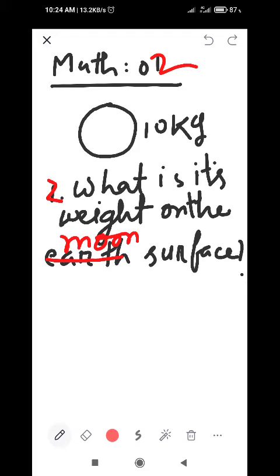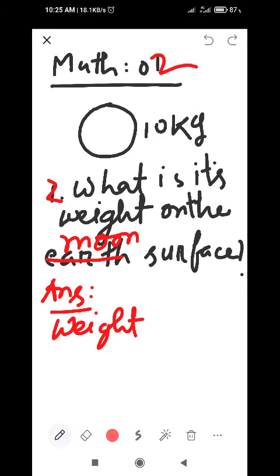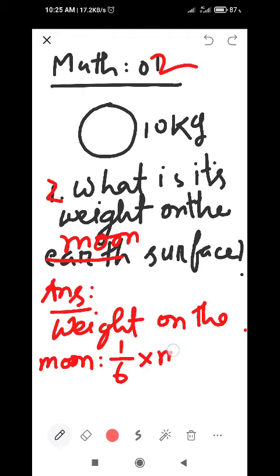1/6 of that of on the earth surface, right? Okay, that means the answer will be weight on the moon surface equal to 1/6 into mg, that is 1/6 into mass 10 and 9.8.